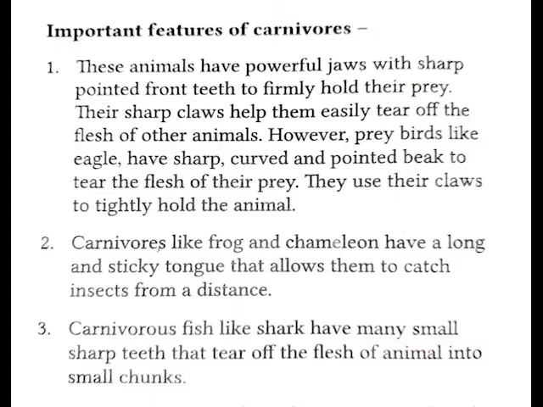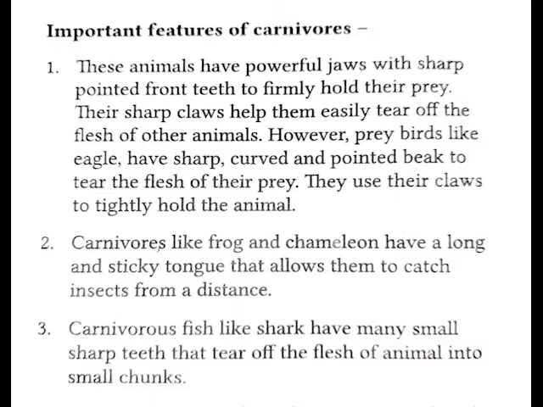Birds of prey like eagle have a sharp, curved and pointed beak to tear off the flesh of their prey. They use their claws to tightly hold the animals. Carnivores like frog and chameleon have a long and sticky tongue that allows them to catch the insect from a distance.